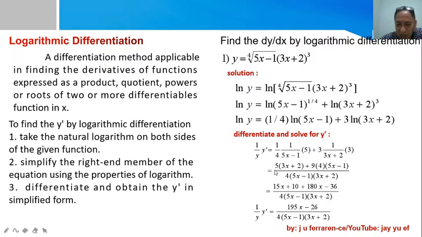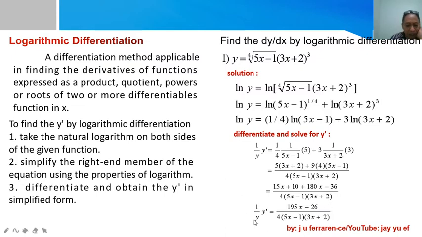So, perform the operations term by term. We have 15x plus 10, then plus 36 times 5 is 180x minus 36. So your x term is 180x plus 15x, which gives 195x, and 10 minus 36 is minus 26, over the LCD.